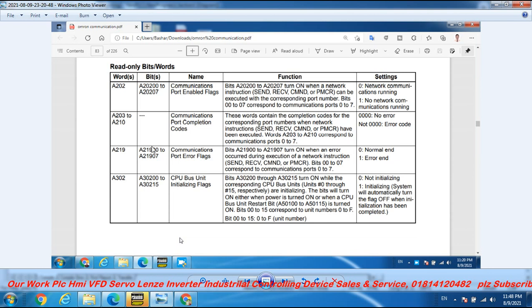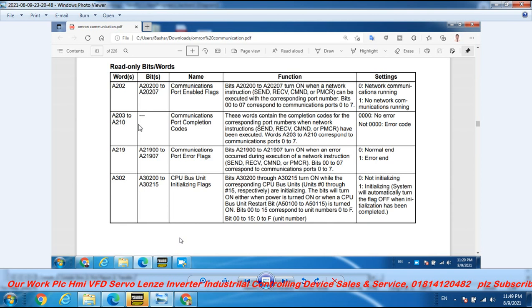A219.02 and A219.07 are the communication port error flag, where 0 is the normal end and 1 is the error end.